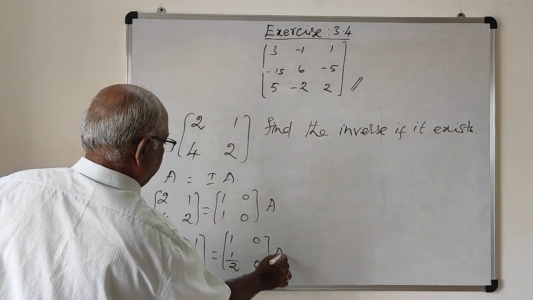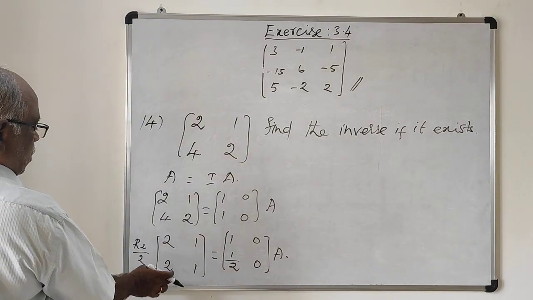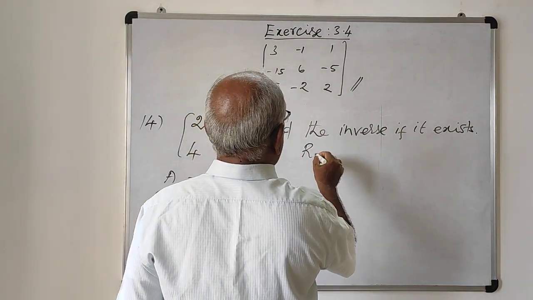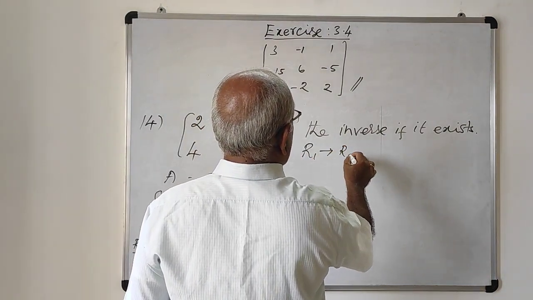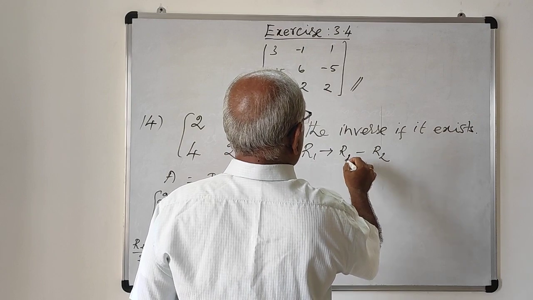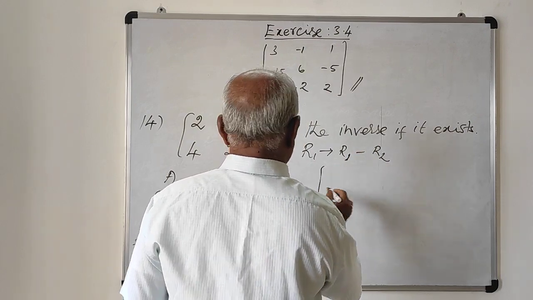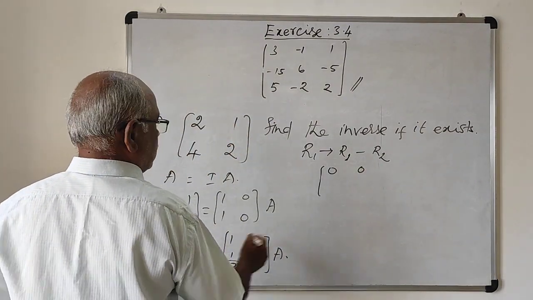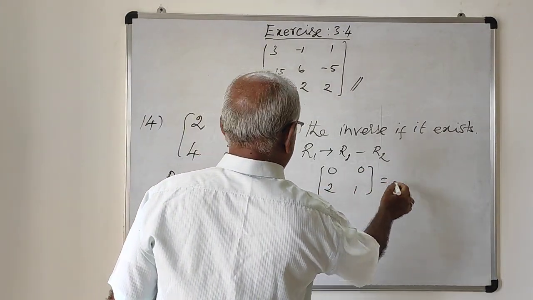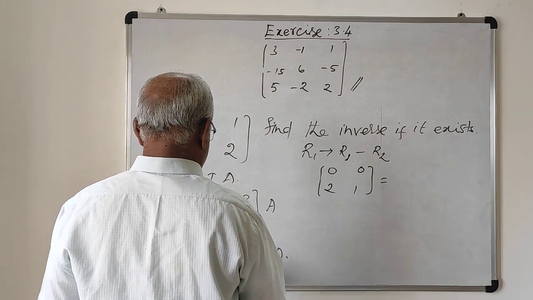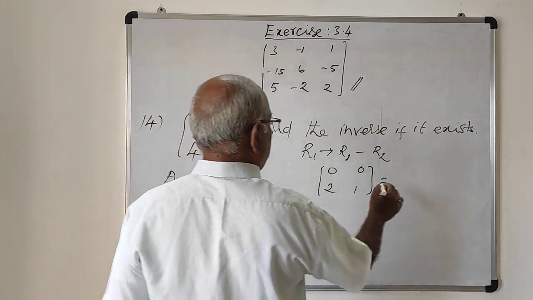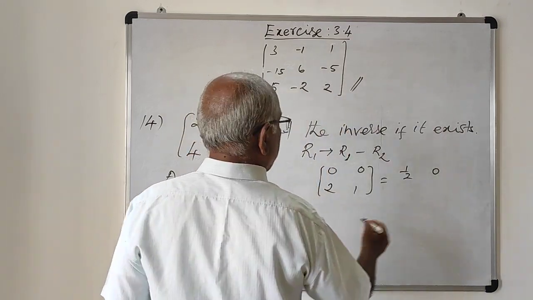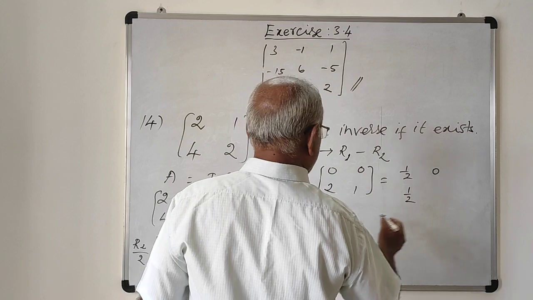A. Now, R1 is R1 minus R2. That is equal to 2 minus 2, 0, 1 minus 1, 0, and 2, 1 is equal to 1 minus 1 by 2, 1 by 2, 0 minus 0, 0, 1 by 2, 0.